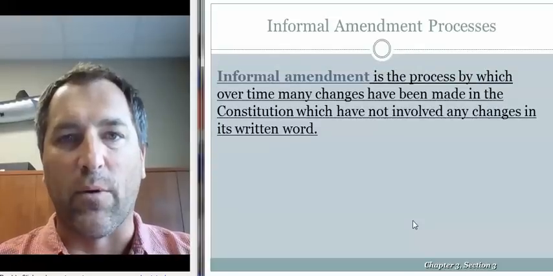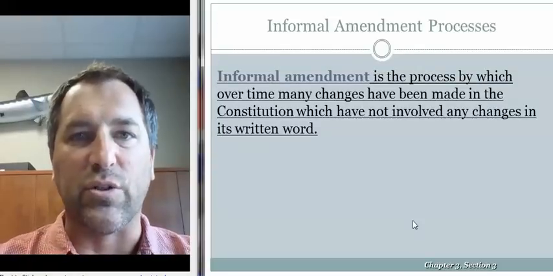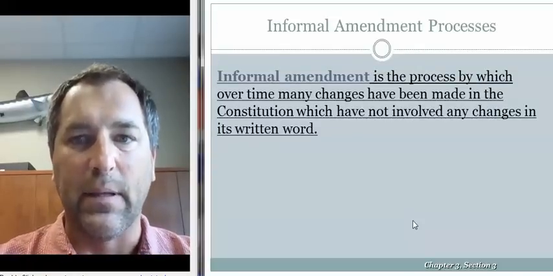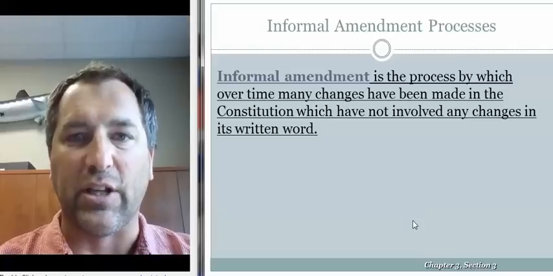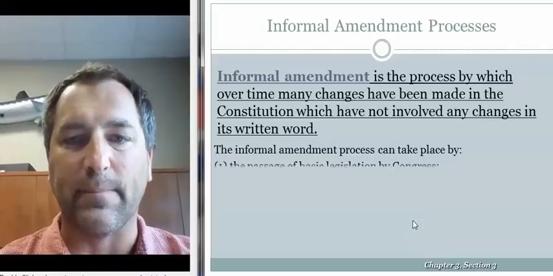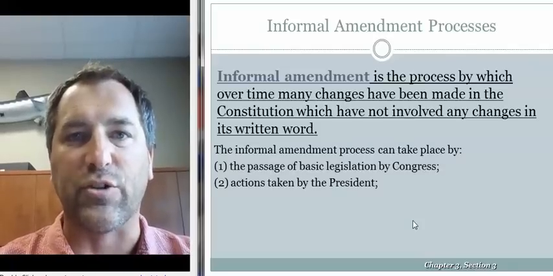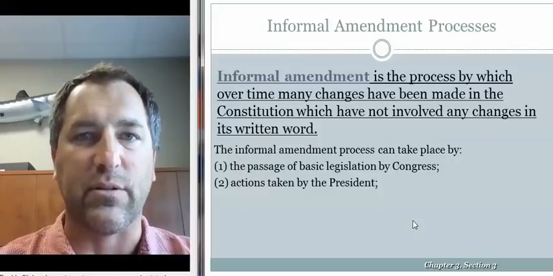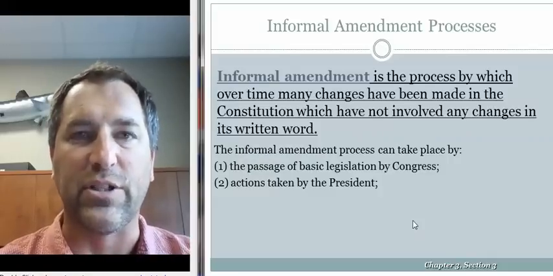An informal amendment is a process in which, over time, things change without an actual amendment. Congress could take action, and that basically becomes part of how we do business. Same thing with the president.